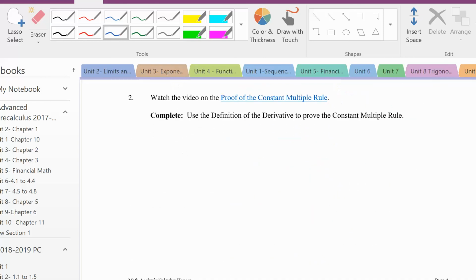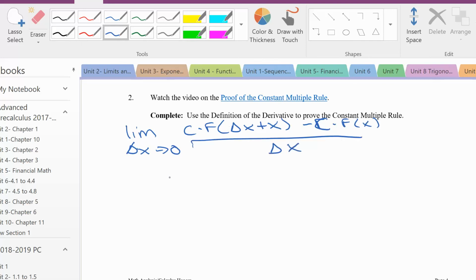All right, proving the constant multiple rule. So if we take the limit as delta x approaches 0 of the constant times f of delta x plus x minus the constant times f of x all over delta x. So if we simplify this, notice we can take out the constant here.